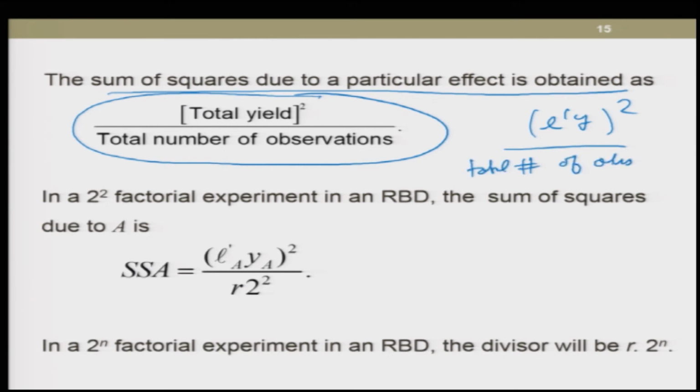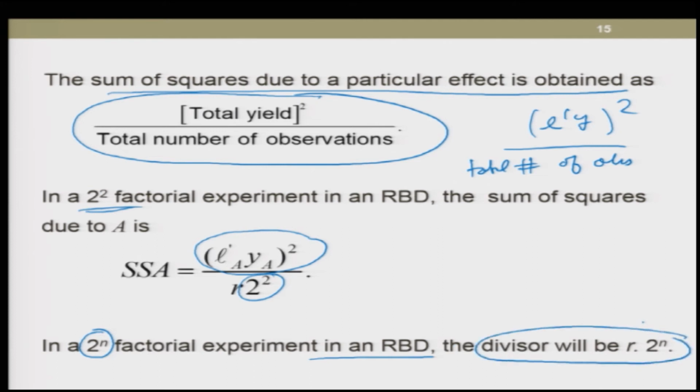So, for example, in case of a 2 square factorial experiment, the sum of squares due to factor A is L transpose A y, whole square, divided by 2 square multiplied by R. And similarly, if you consider a 2^n factorial experiment conducted inside an RBD, then the divisor is going to be R into 2 to the power of n.